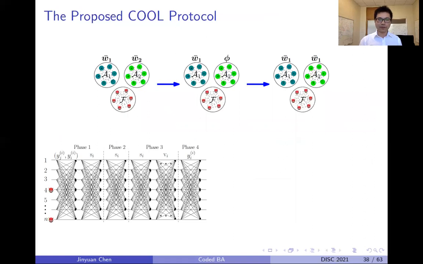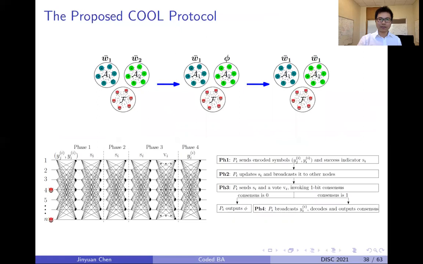Our protocol has 4 phases. At the end of phase 3, at most one group of honest processors have their updated message as non-empty, and the rest have their updated message as empty.